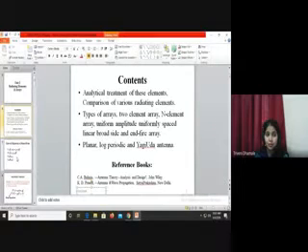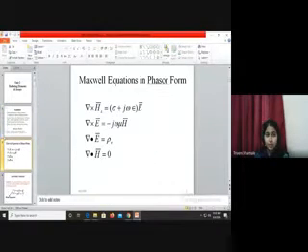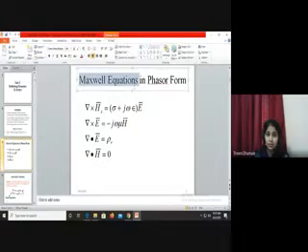Now we will first complete the basics of array, starting again with Maxwell's equations. Everywhere we are going to use Maxwell's equations, because basic communication starts with them. Whatever the electromagnetic waves, it is a combination of E field and H field, that is your Maxwell equations.